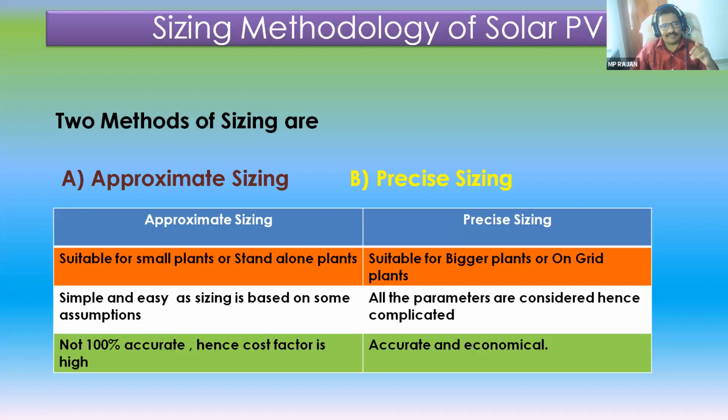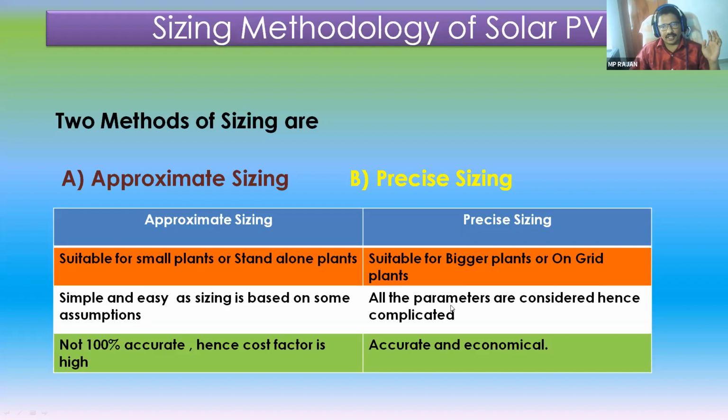Sometimes we may assume that efficiency is 90%, or 95%. So rather than going to the exact figure, we are going for an approximation. So this is called approximate sizing. But this is very easy. Very easily we can do the sizing, very simply we can do it.